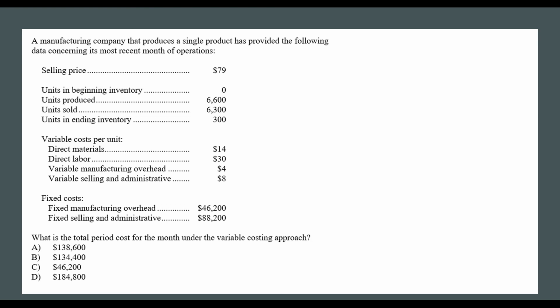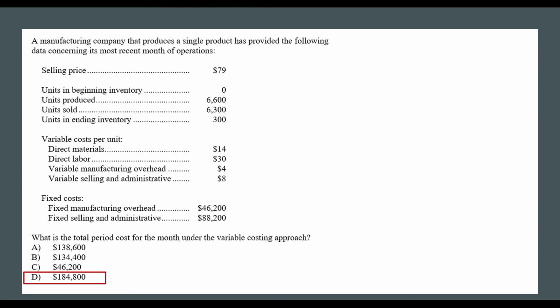So guys, what is our answer in this problem? It's letter D. So how did we get that amount? Why is it 184,800? Remember guys, under variable costing approach, your period costs such as your fixed selling and administrative expense and your variable selling and administrative expense are still your period costs.